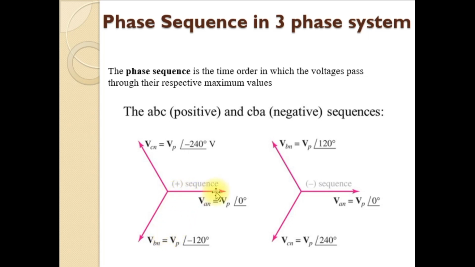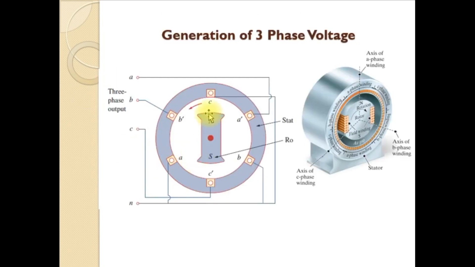If the rotor is rotated in the anti-clockwise direction and the coils are disposed as shown in this figure, you can see that after A phase, B phase will be coming, and after 120 degrees, C phase will be coming.